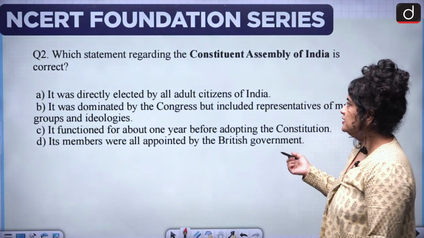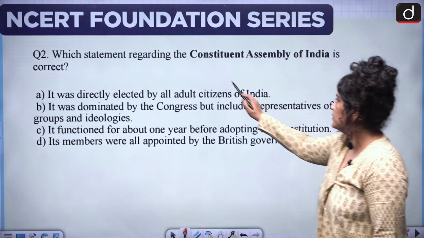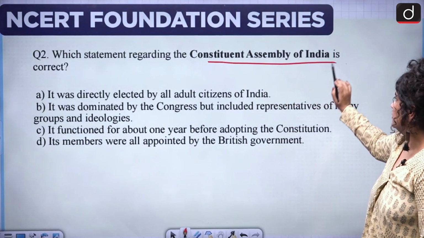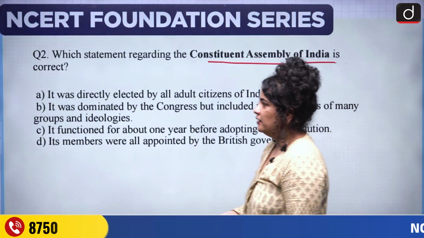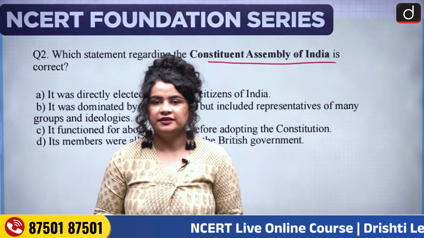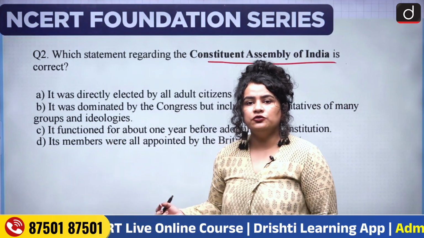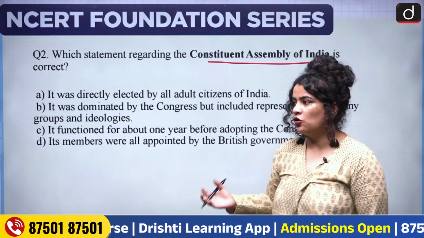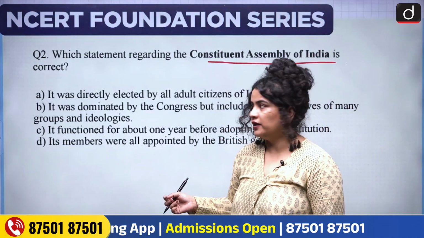Now, what was the Constituent Assembly of India? See, before the Britishers left India and before they endowed full freedom to India, they decided to set up a Constituent Assembly in order to frame a constitution, frame some laws for the country. Okay?